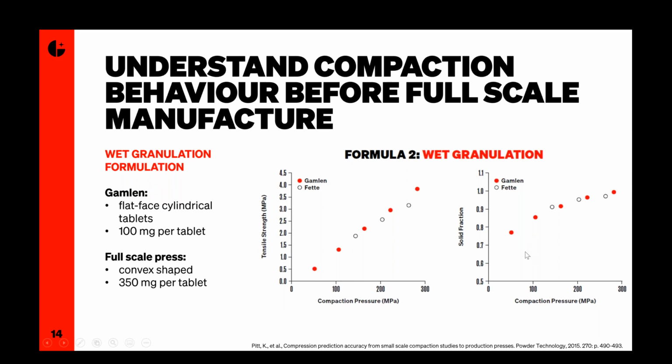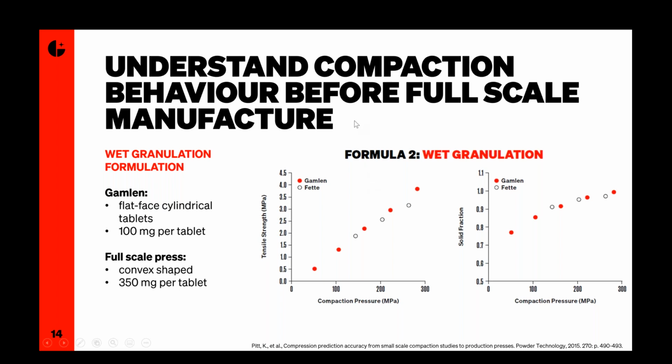Similarly, if your solid fraction came out very high, say over 0.9, meaning very low porosity calculated on the Gamlen, then you would be concerned that in production you might have problems with capping, which is often linked to low porosity, or even dissolution issues, because there aren't enough pores in your tablet to allow dissolution in an adequate amount of time.